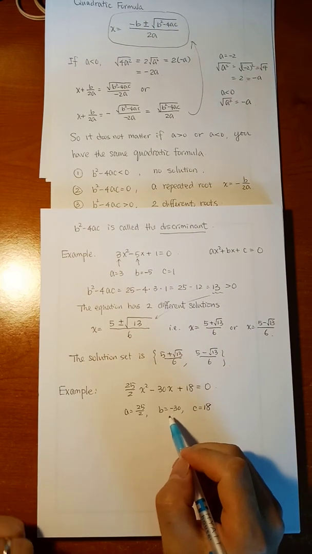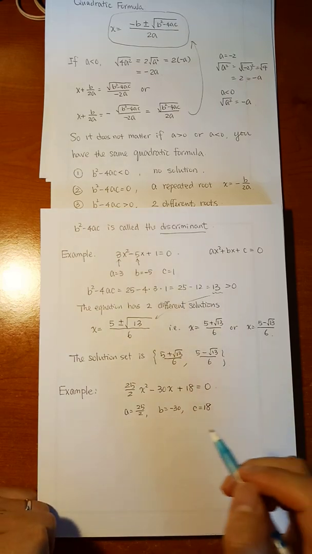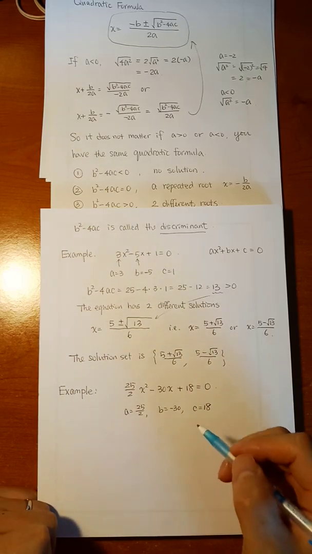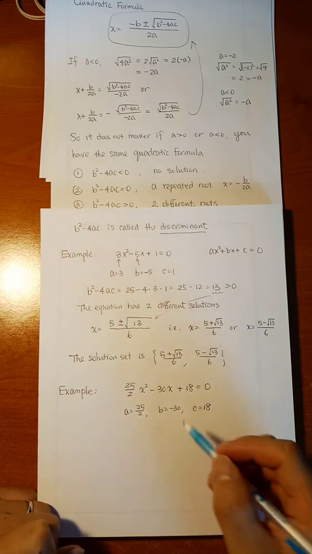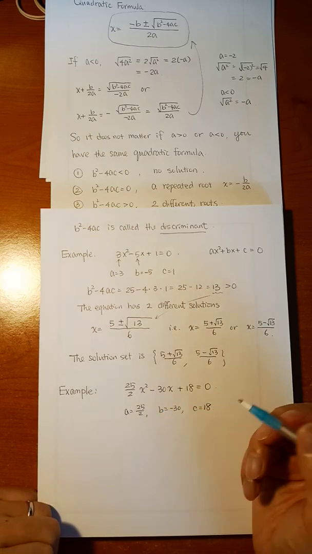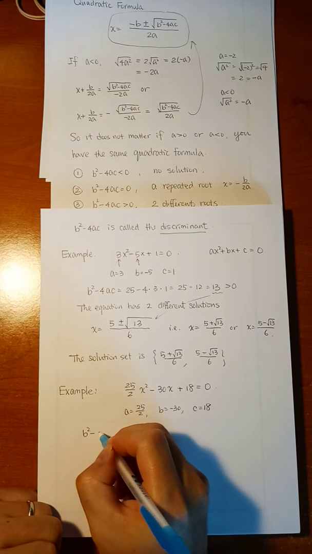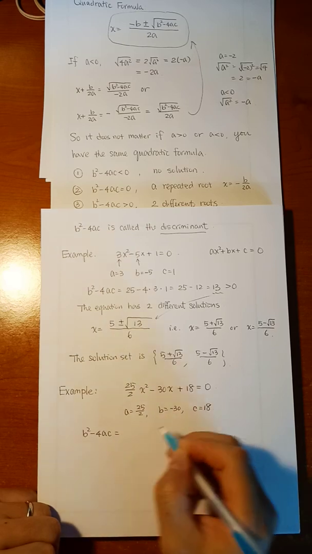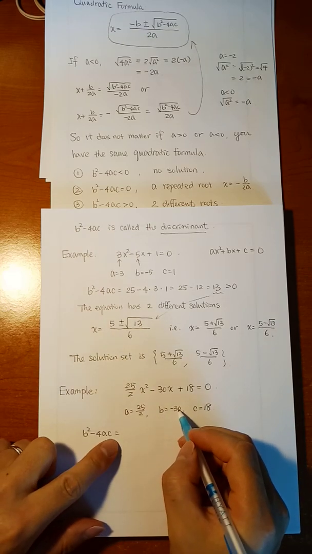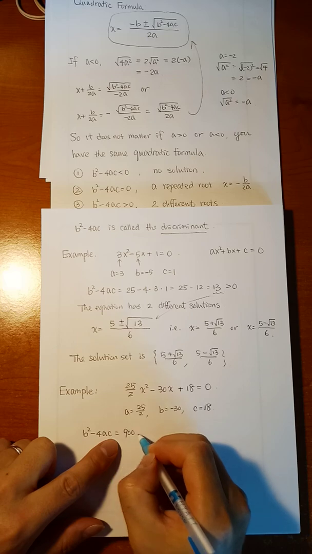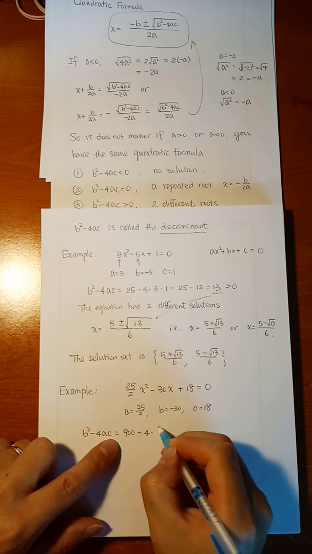Be careful about the sign. All the a, b, c contain the sign. They are positive or negative, depending on the coefficient. So first, we examine the discriminant. B squared, negative 30 squared, 900, minus 4ac.